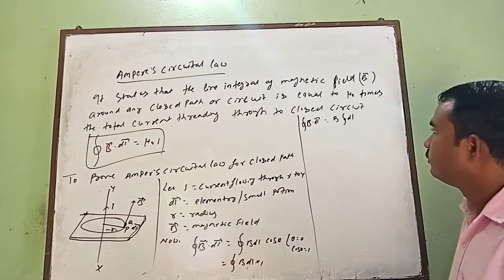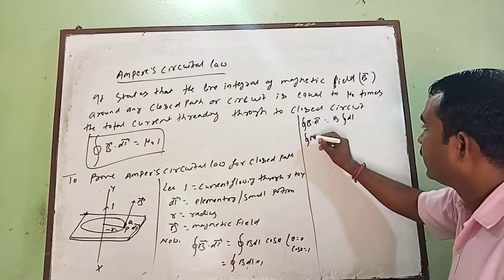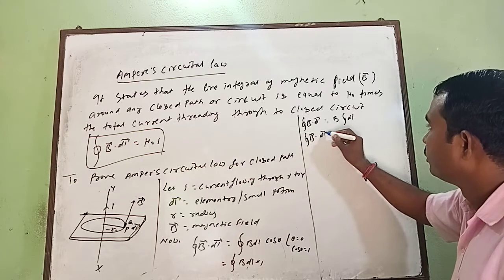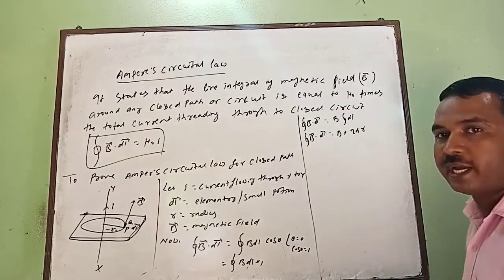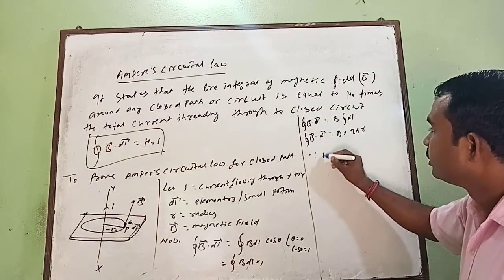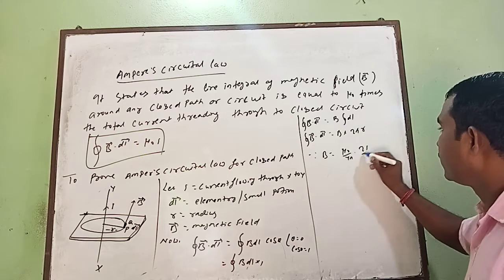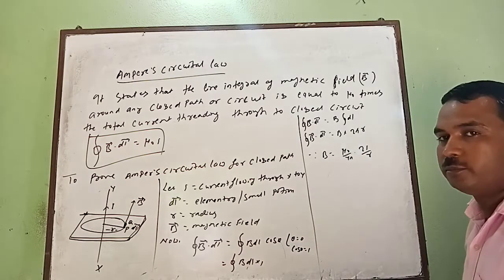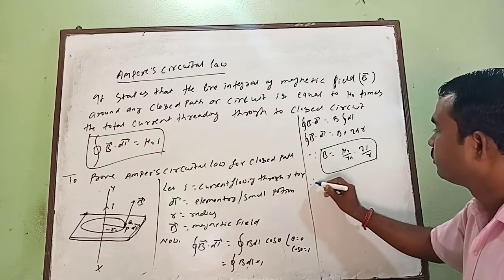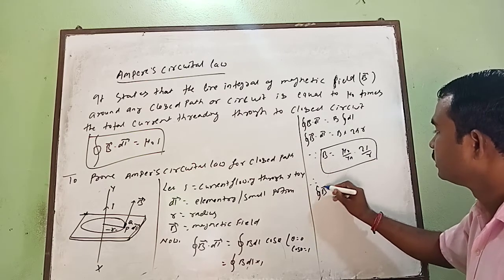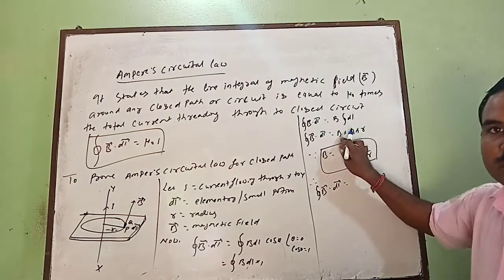What is the value of dl? dl is equal to 2 pi r. Since B is equal to mu naught by 4 pi into 2I by r, this is the value of B, so this value you can substitute.